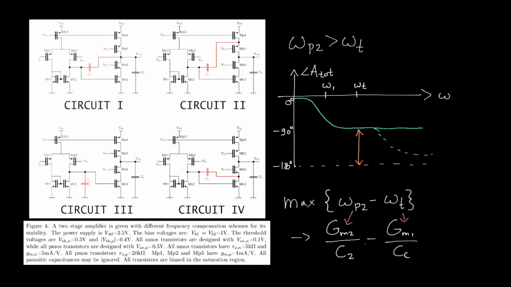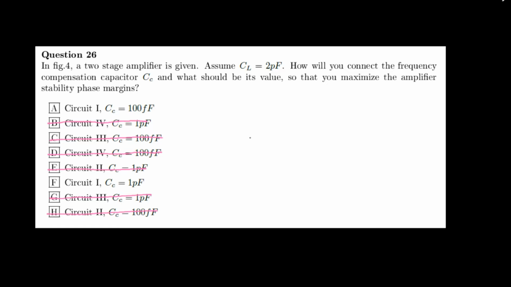And from this it becomes really clear that the larger Cc is, the smaller this quotient is going to be, and as a result the larger the margin is going to be between these two frequencies. To maximize the stability phase margin, we should then pick the option with the largest value for Cc, and that is in this case F, because here Cc is 1 picofarad.